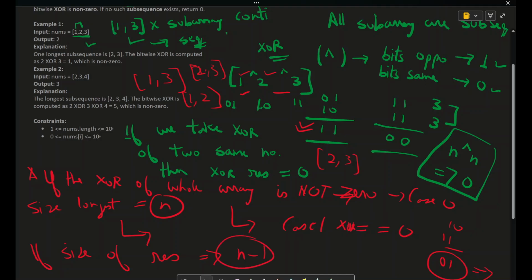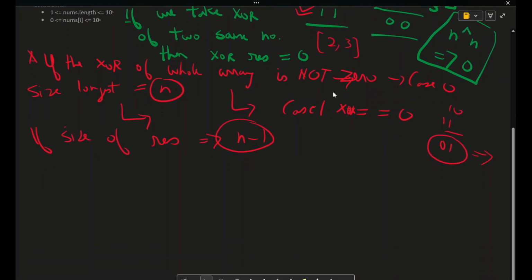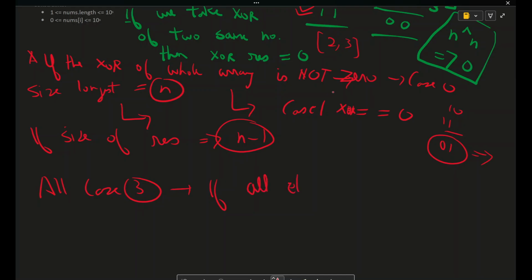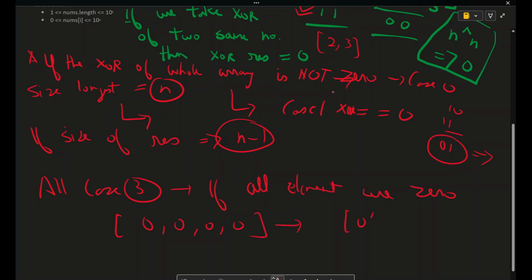Okay, now suppose, case 3, if all elements are 0, then हम चाहे जितना भी XOR कर लें, suppose this is the array, if we do XOR of all of these, we will always get 0.